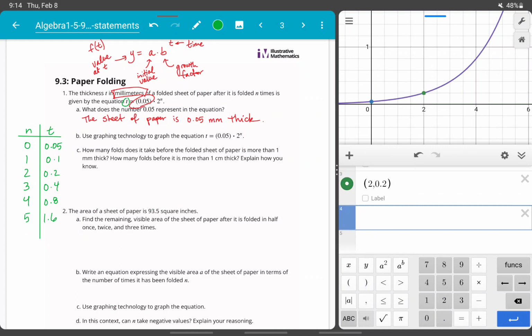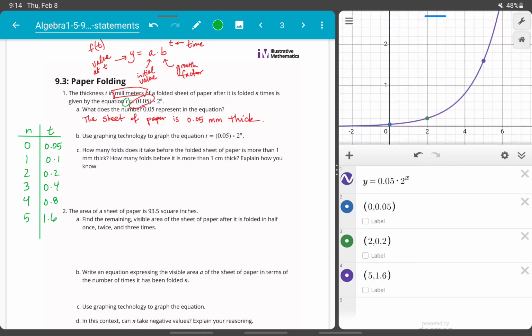Let's get maybe 5 and 1.6. So this graph right here is useful for modeling the situation, but it's important to think about in the context of this particular situation with the paper folding, we're actually only going to have specific points, not all of these points on the graph.